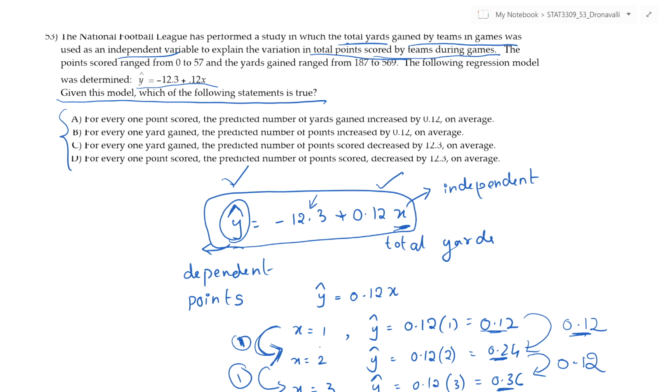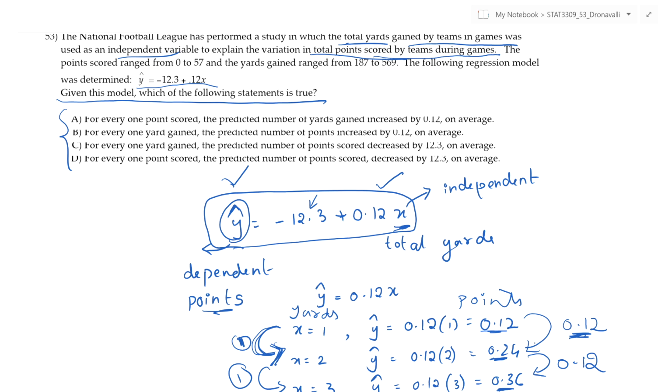Now let's rephrase this in terms of the total yards and the total points earned. My x is yards and my y is points. So this says, for every 1 yard that is gained, the team will earn on average 0.12 points.